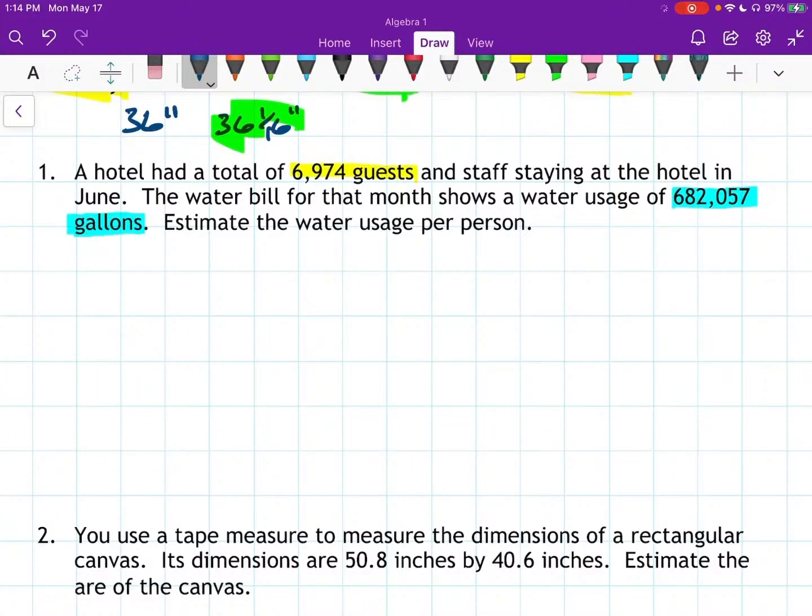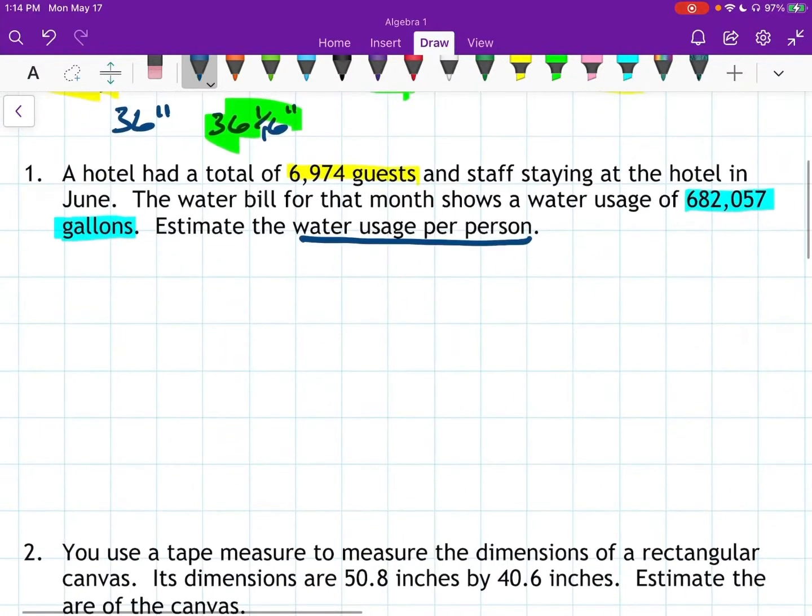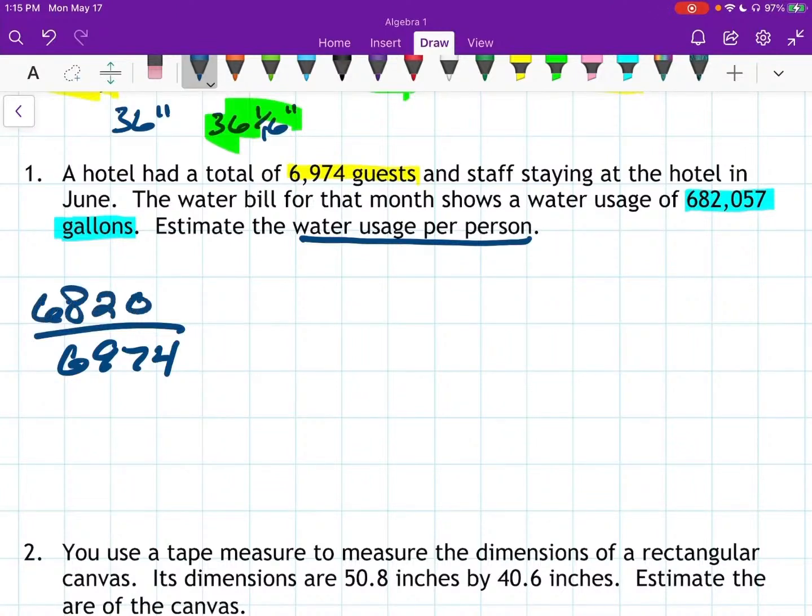So to figure out the water usage per person, we're going to take our people, 6,974, and we're going to divide gallons, 6,82057, by people. Let me type that in the calculator. 6,82057 divided by 6,974, I get 97.79 repeating.